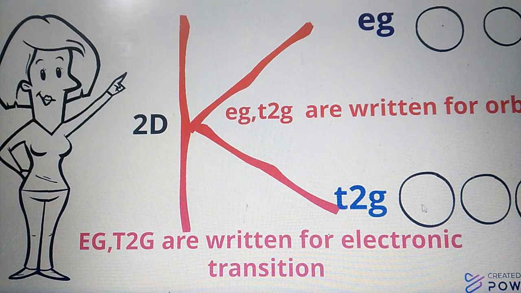As we give energy to this electron, it goes into the excited state Eg and shows one peak in the spectrum, absorption peak in the spectrum, because in d1 only one electron excitation occurs. Eg and T2g are written for orbitals. Small eg and small t2g are written for orbitals. Capital Eg and T2g are written for electronic transitions.